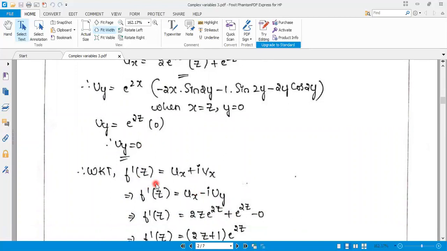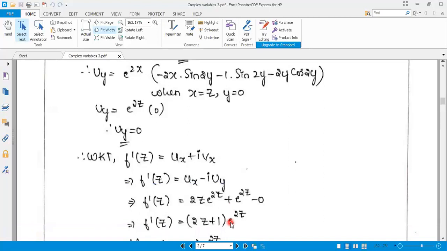Now we have f dash z equals ux plus ivx. Since we don't know what v is, using CR equations you can convert it into minus uy, so it will be ux minus i uy. After substituting ux and uy, we obtain 2z e power 2z plus e power 2z. Or e power 2z is common, so it will be 2z plus 1 into e power 2z.